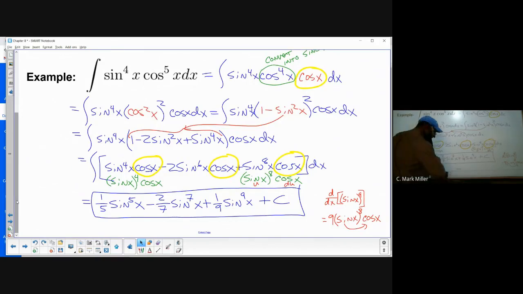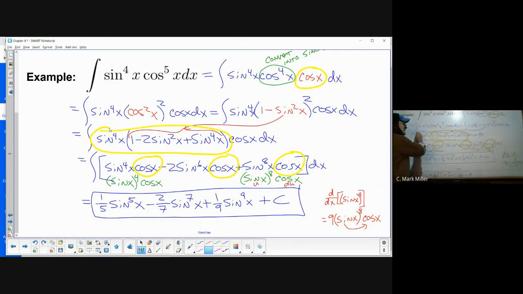Since we've peeled off that extra cosine, you wind up getting sine to a bunch of different powers, all times cosine. This was our goal right here. Once you multiply this stuff out, they're sines to different powers, all times cosine.